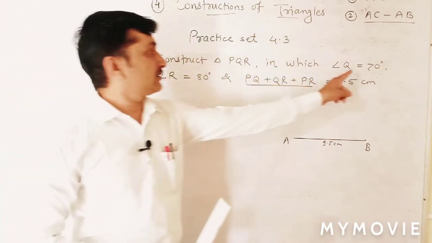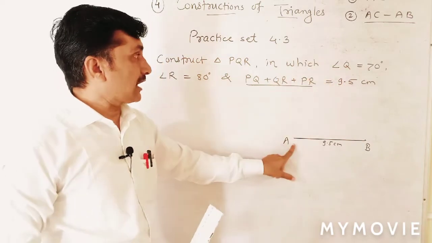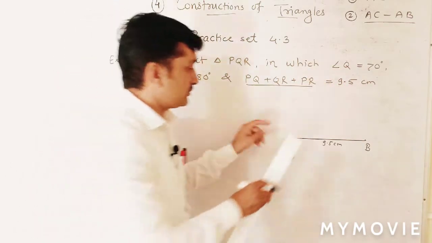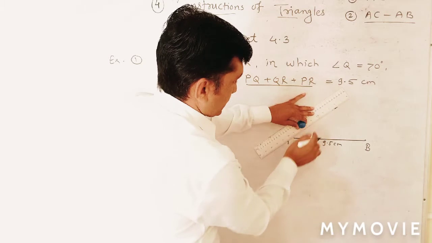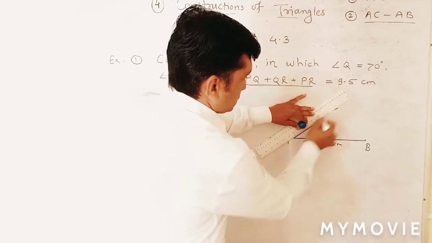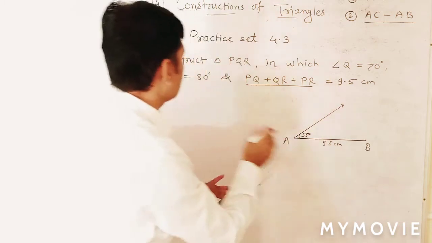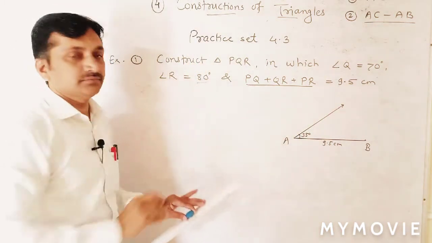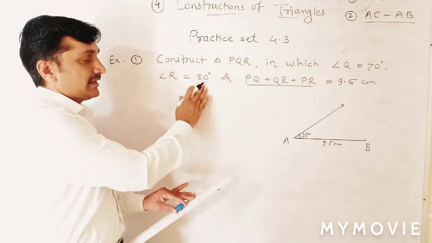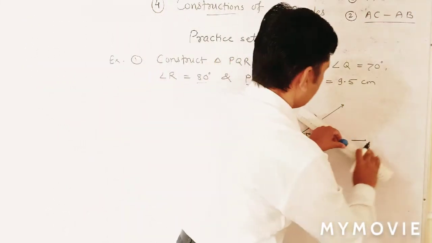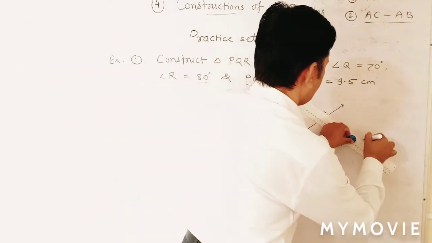After that, what is angle Q here? 70. Then half of 70, draw here 35. Angle B, half of 80. Here angle R is 80, but here we have to take half of this, 40 degrees.